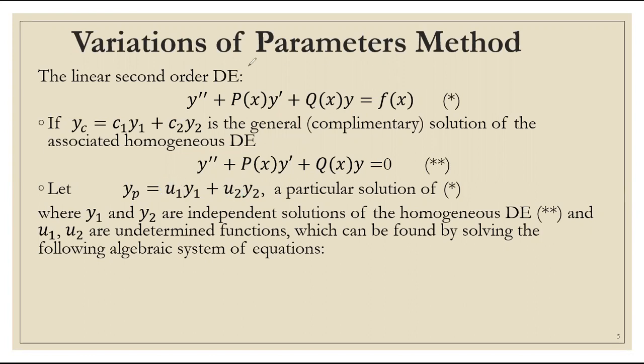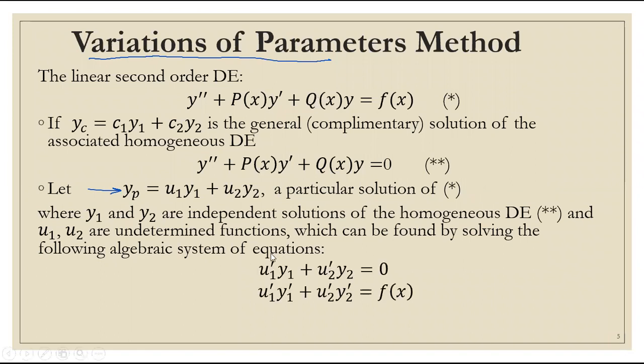The variation of parameters method needs the following two algebraic equations to find the values of u1 and u2. So to find u1 and u2, you need to solve those two algebraic equations.